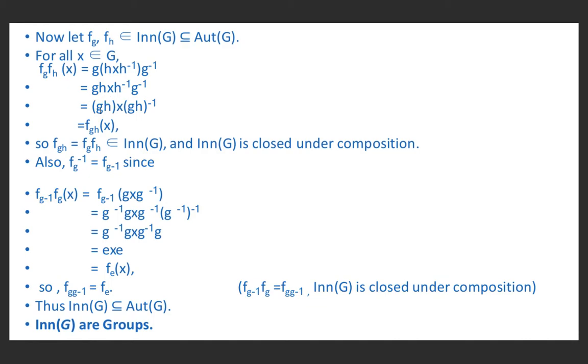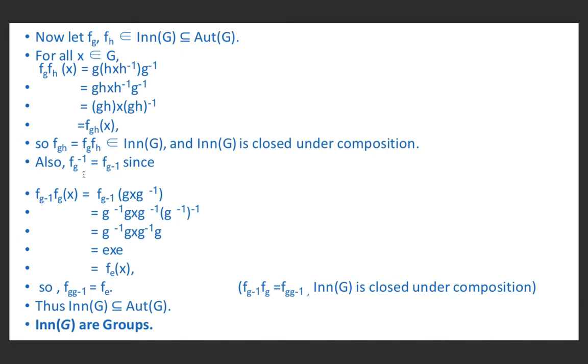This can be written as gh x (gh) inverse, by the reversal of inverses. And this is equal to Fgh of x by the definition of inner automorphism. It means Fgh is equal to Fg Fh, and it belongs to the inner automorphisms of G, so it is closed under function composition.